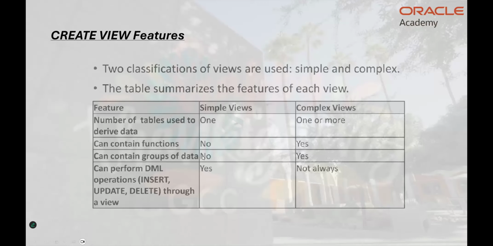The simple view is usually just select these columns or all the columns. Usually it's specific columns from a table, and usually you do allow users to perform any DML, insert, update, delete, from a view. This says yes in Oracle, but I would say not always here as well.